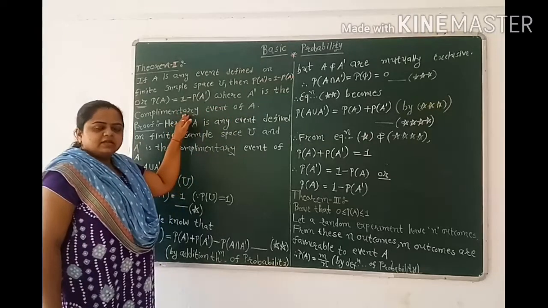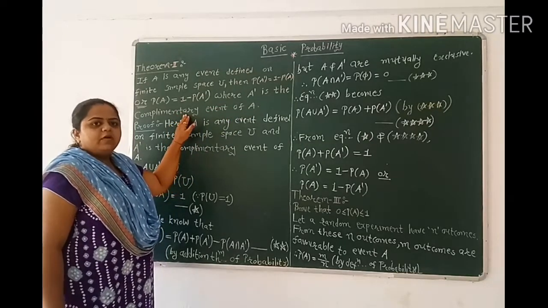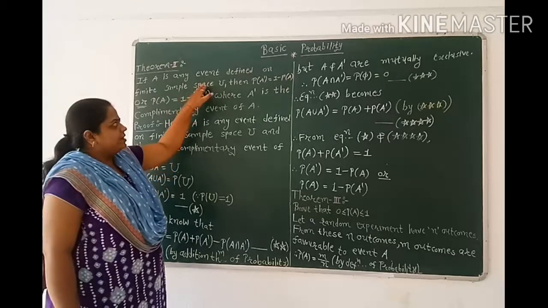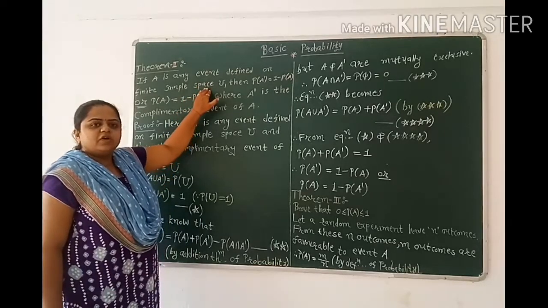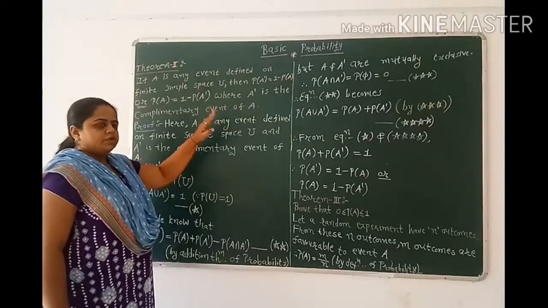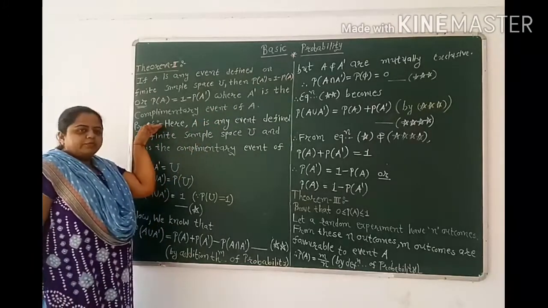Complement event is the event which consists of all points of sample space S which are not in A. Now the proof.